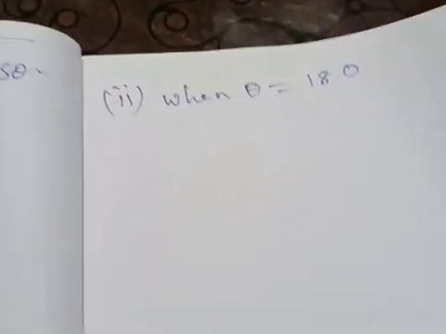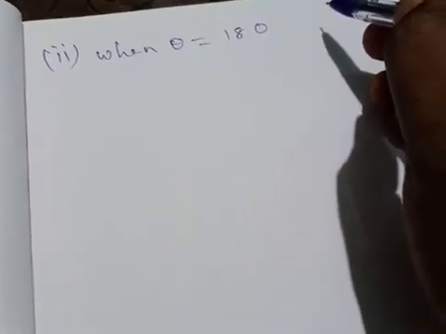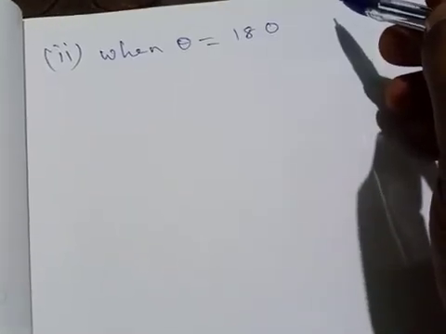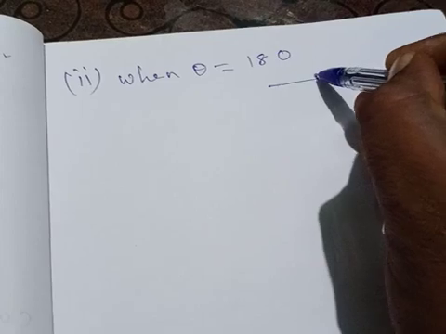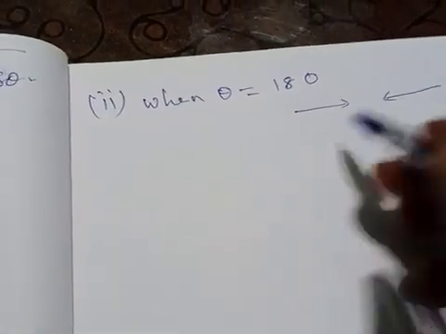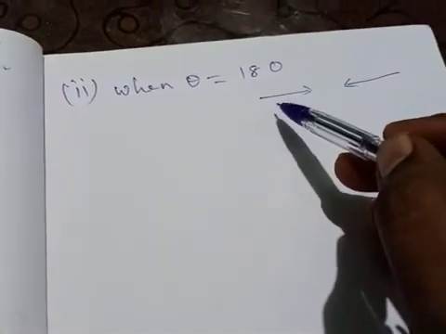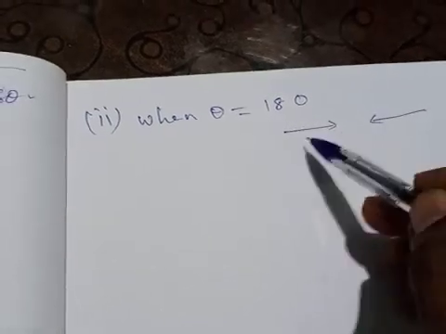Now the second case. Assume that theta is equal to 180 degree, that the two bodies are moving in the opposite direction, parallel straight lines in the opposite direction.